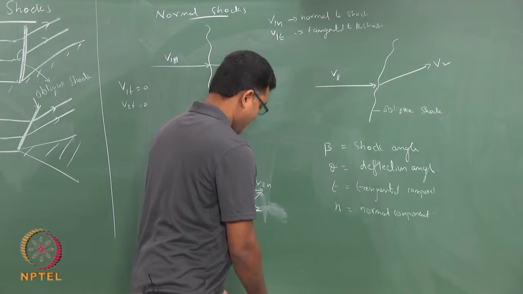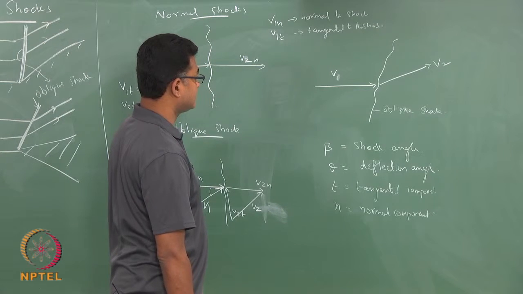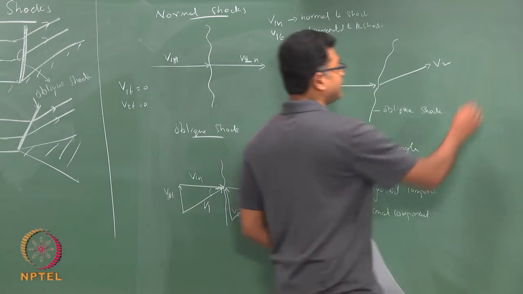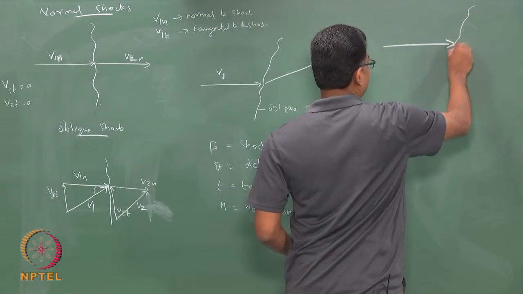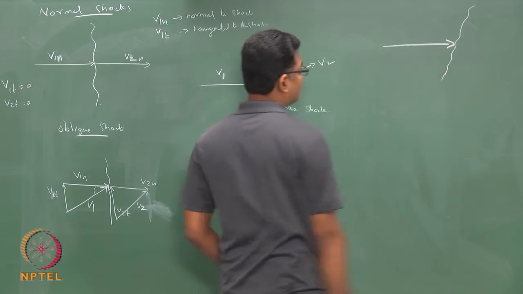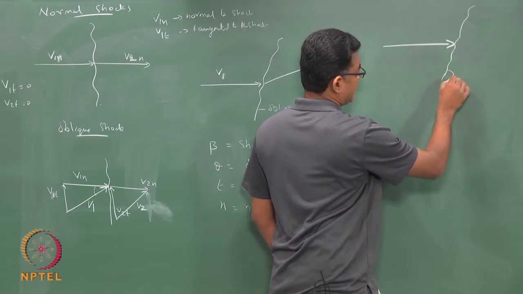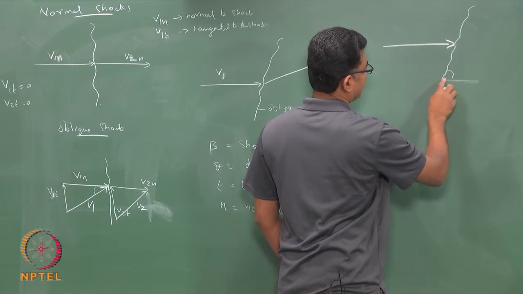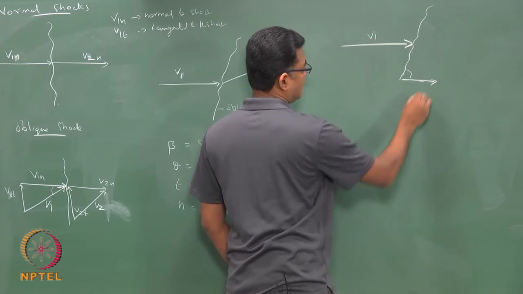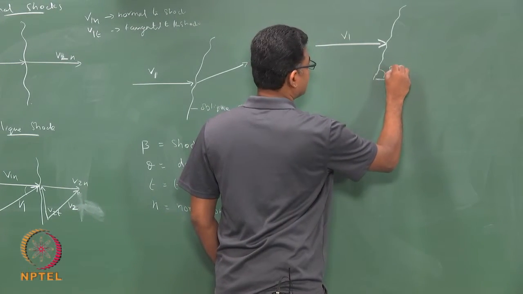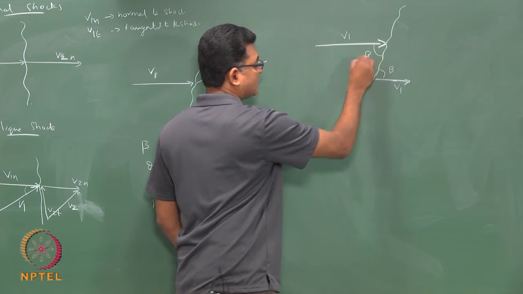So what is beta and what is theta? If I have a flow, then I have a shock wave that is here. The shock angle is this angle. This is my V1. This is my beta, or the angle which the flow makes with the shock is my beta.